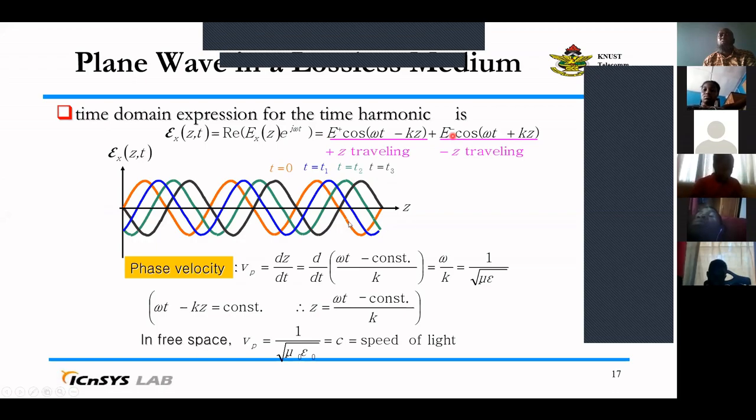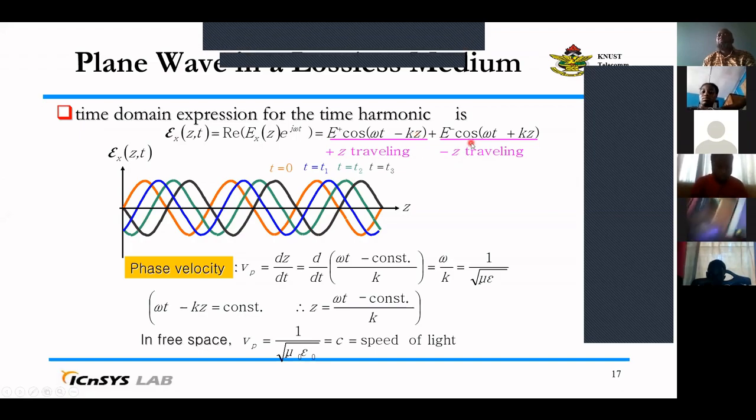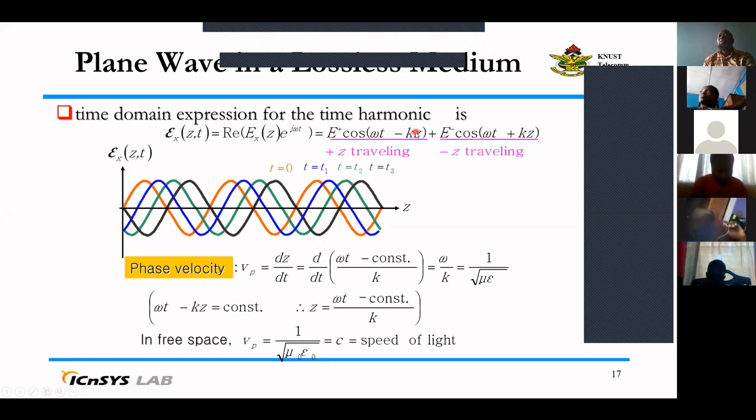But for this one to reach zero, since it is plus kz, it must be going backward this way to reach zero. And therefore, this one is the forward traveling wave, or the plus Z traveling, and this one is the negative traveling wave. This kind of equation of the forward and the backward traveling wave is something, again, that you would meet in your future studies, especially in microwave, because these waves are always together.